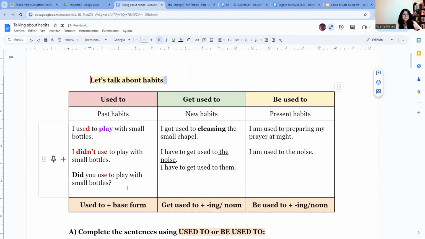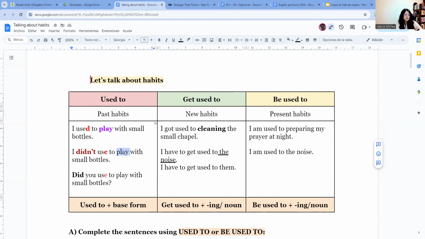Let me change the color. And when you are going to make it negative, you have to use didn't, the auxiliary for the past, and then the verb is in the base form too. Why? Because you don't need to conjugate a verb in the past when you have the auxiliary verb did, right? So I didn't used to play with small bottles.